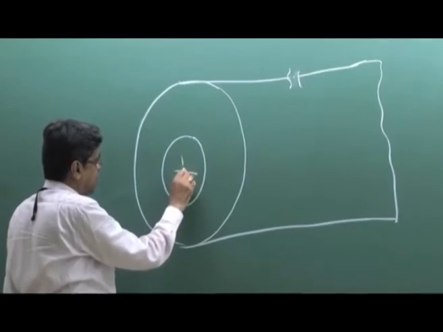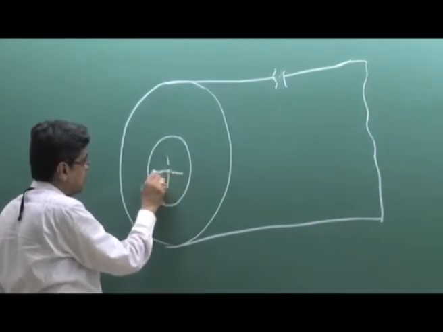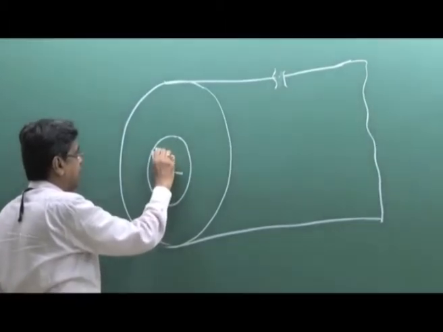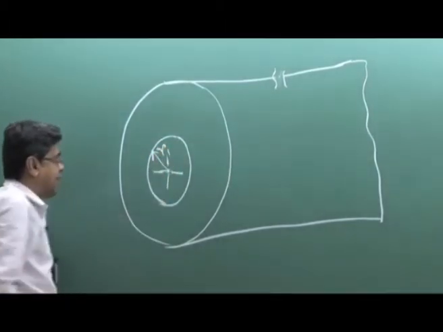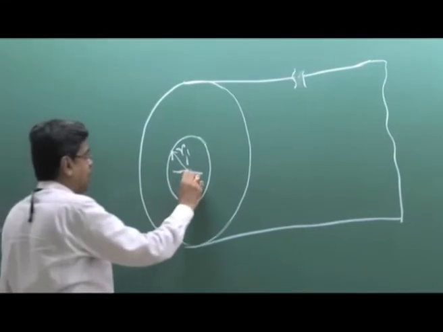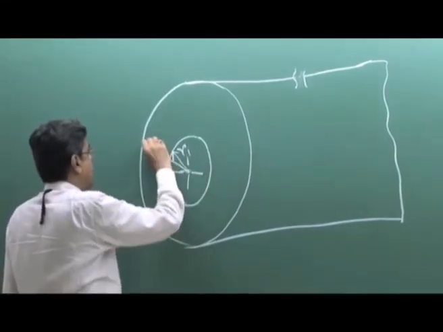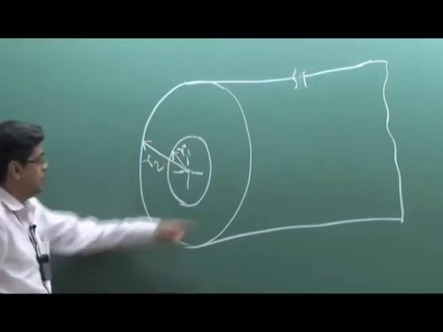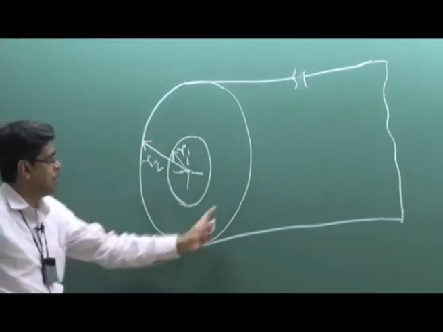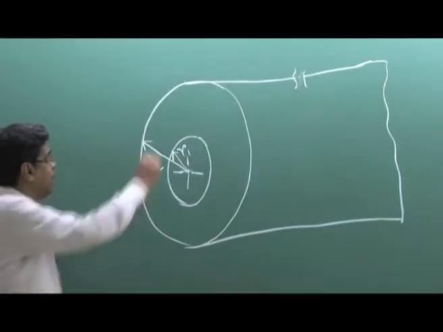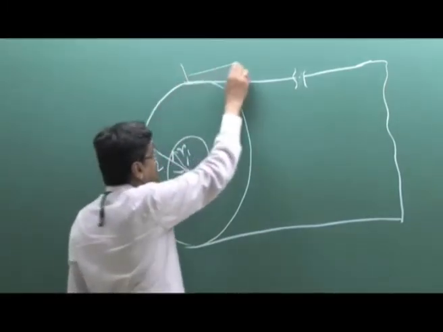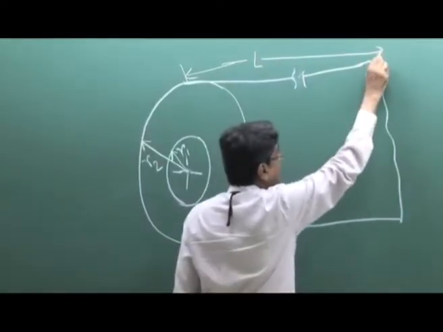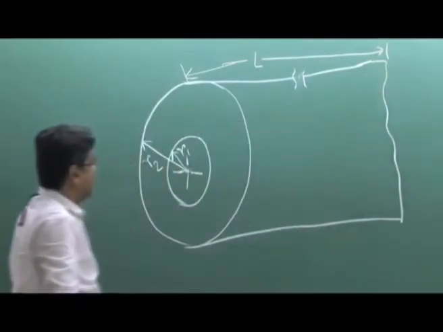Let this be the center, the cylinder with inside radius R1, a cylindrical tube, outside radius R2. That means this portion is the solid cylindrical wall, and the length of this cylinder is L.